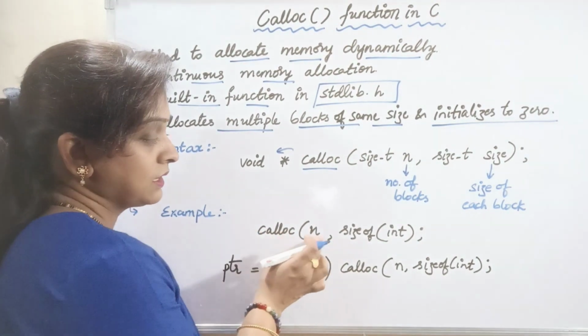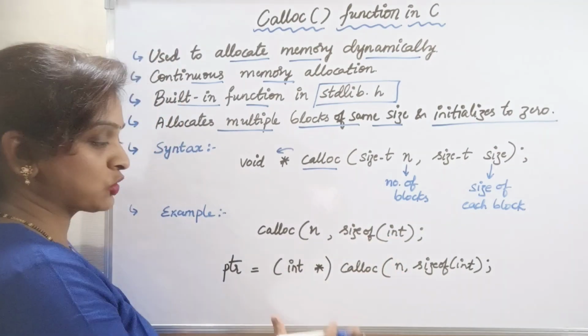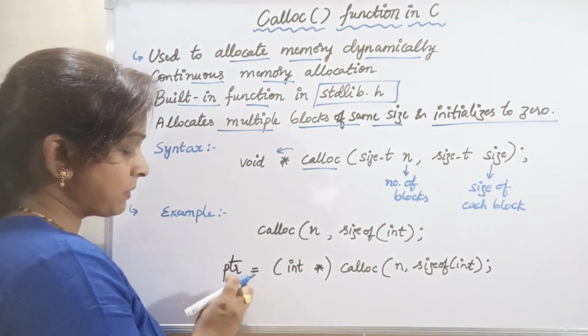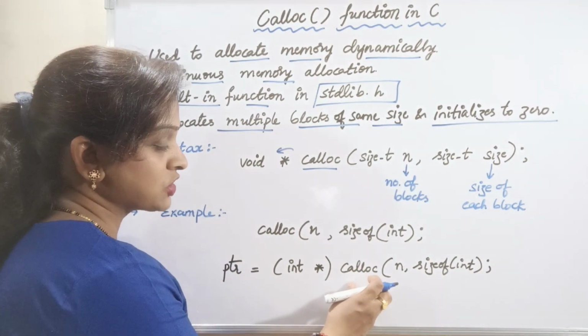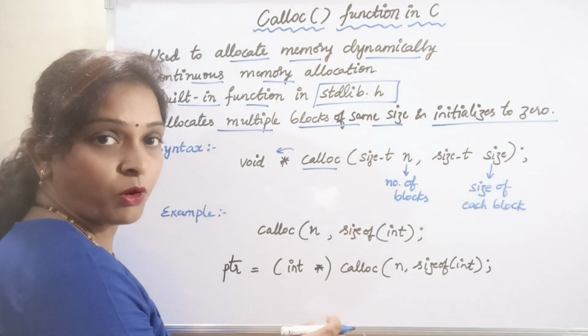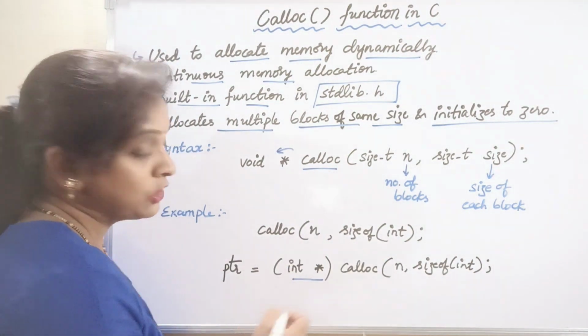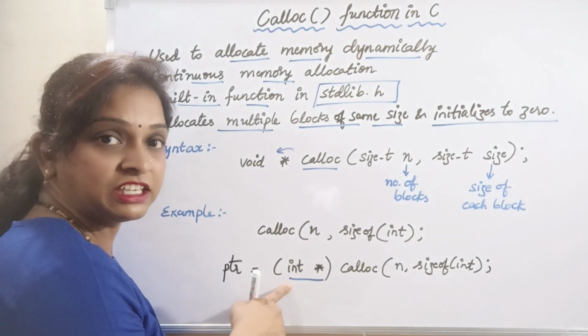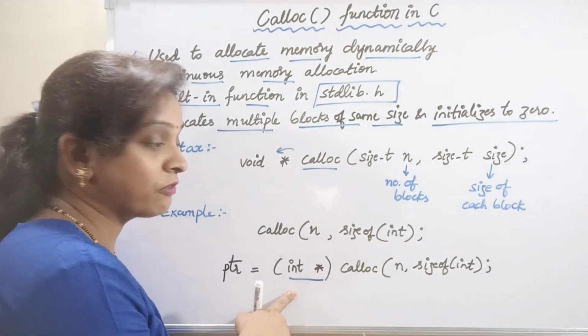Say calloc, n number of blocks, size of each block. So actually how we write it: we say a pointer variable, say it may be an integer pointer. The calloc function is going to return a generic pointer to some location. It has to be typecasted to our requirement. So I'm going to typecast here to integer, so that it can store integer type of values.